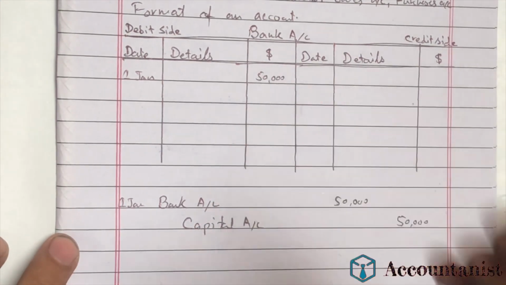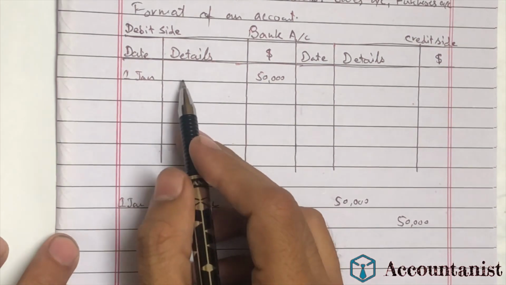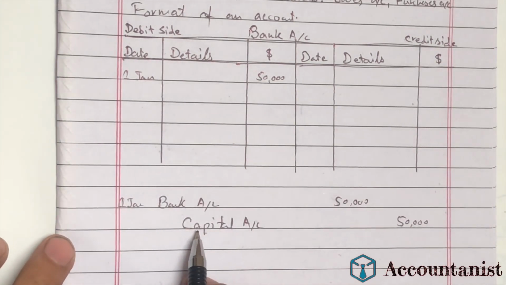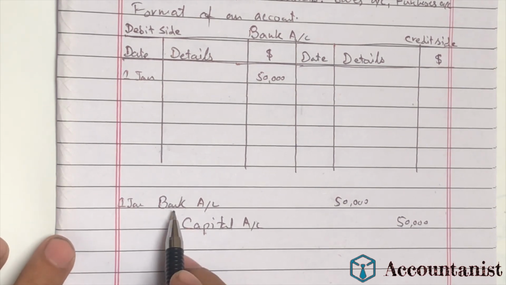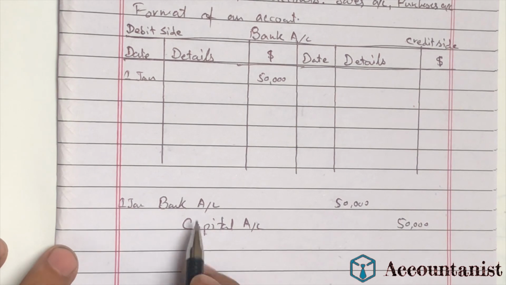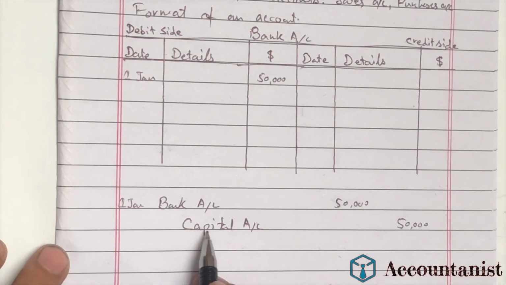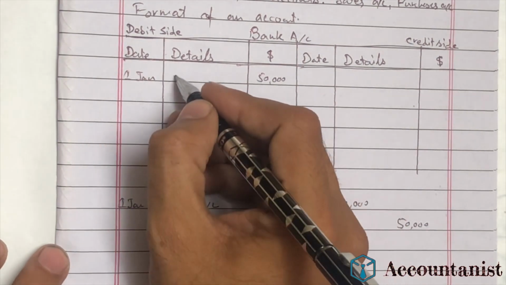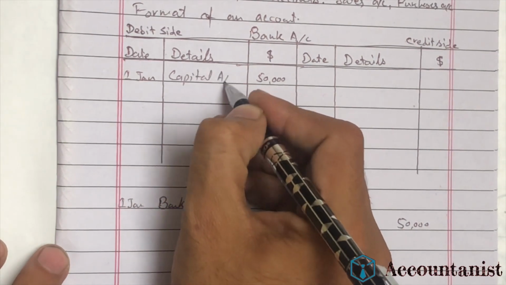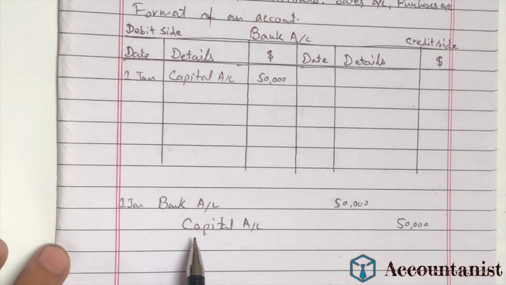In the details column we write down the reason for the debit. The reason the bank account is debited is the capital account, the account that is credited here, so we write down the name of that account. This is how we post a transaction into a T account.